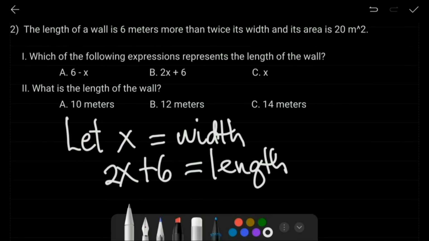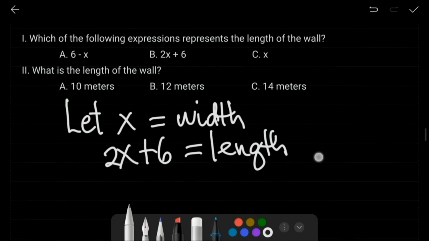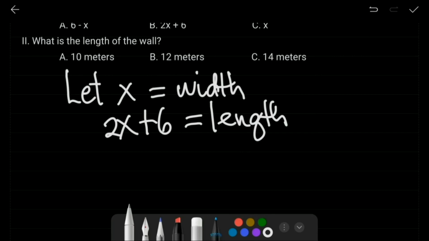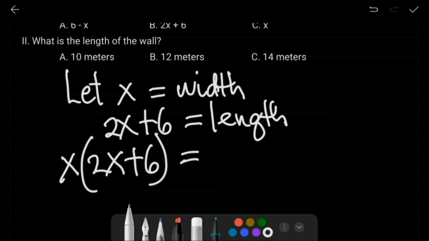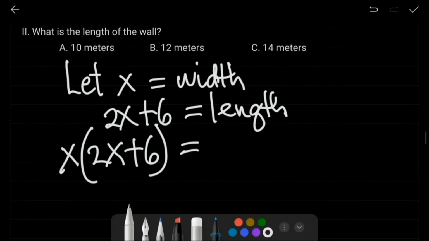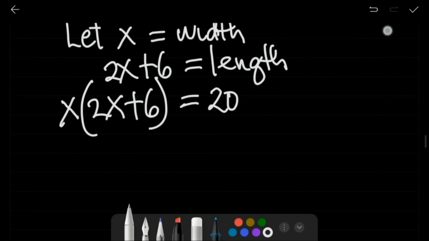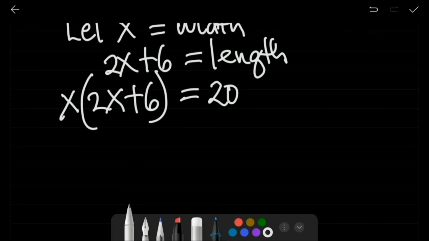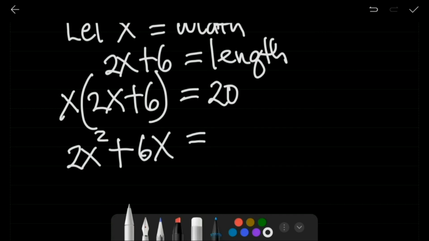Then we are going to multiply x times 2x plus 6, and this is equal to 20. So we will distribute: x times 2x is 2x squared plus x times 6 is 6x, and this is equal to 20.